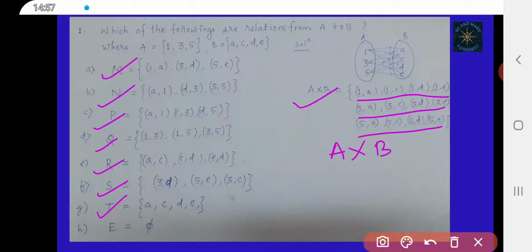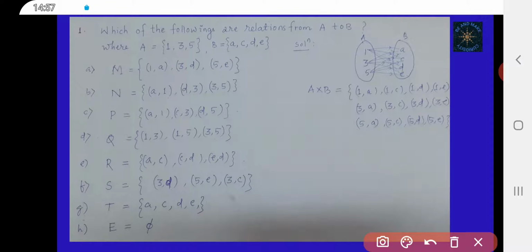First see set M. Every element of set M is in A cross B, yes or no? See, (1, a), (3, d), (5, e).